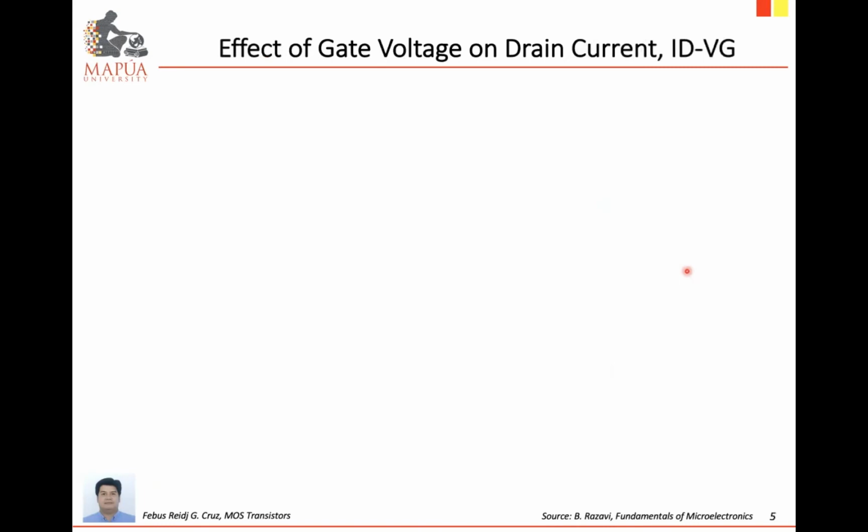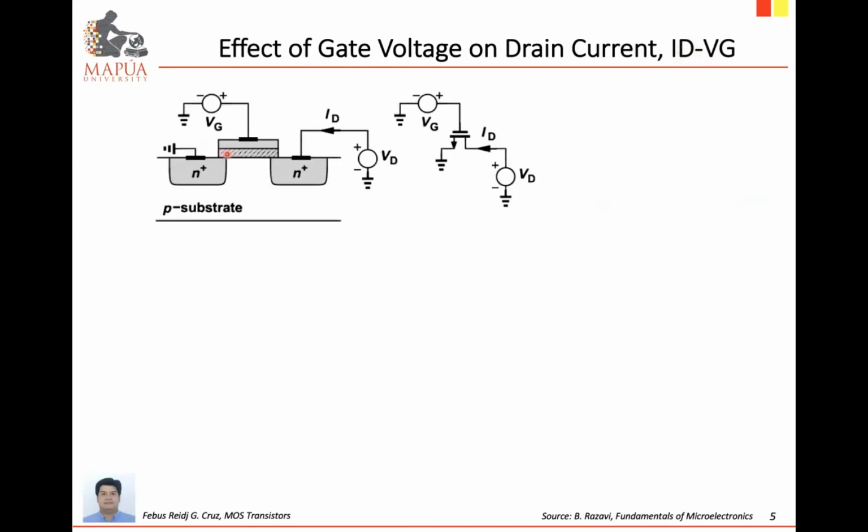Let us show the characteristic curve of the drain current versus the gate voltage. This is our setup. Again, you have the gate voltage connected on the gate and the negative on the ground.